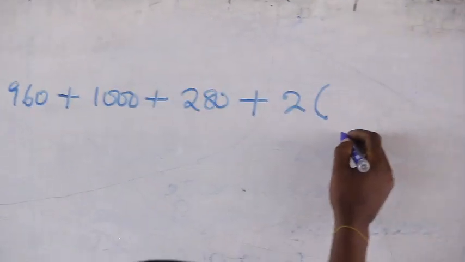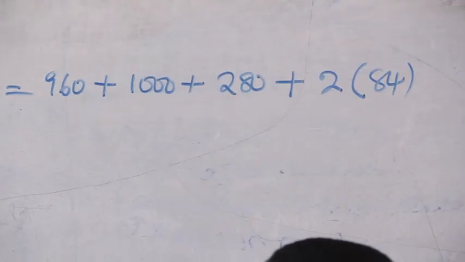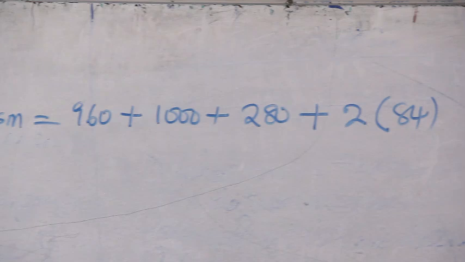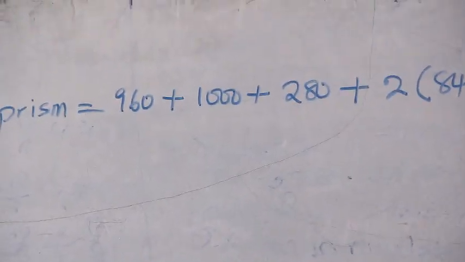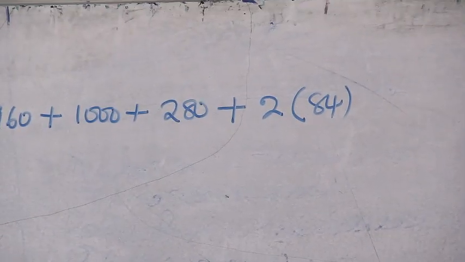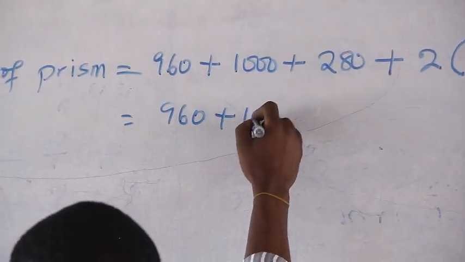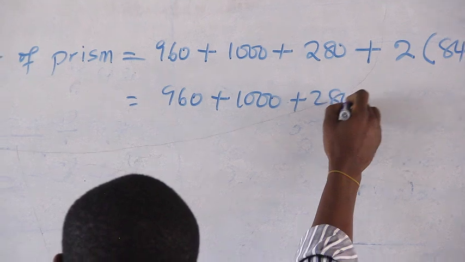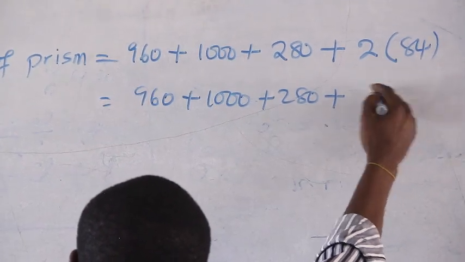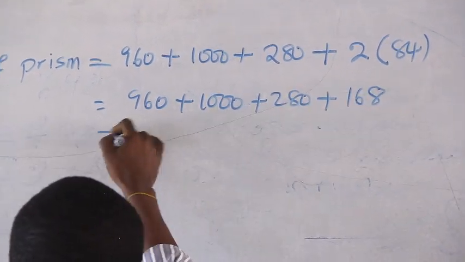Area of triangle is what? 84. Why is it that area of triangle is multiplied by 2? I've once explained that there is one at the bottom and there's another one at the top. So we have 960 plus 1000 plus 280 plus what is this? 168. Addition of everything is what?